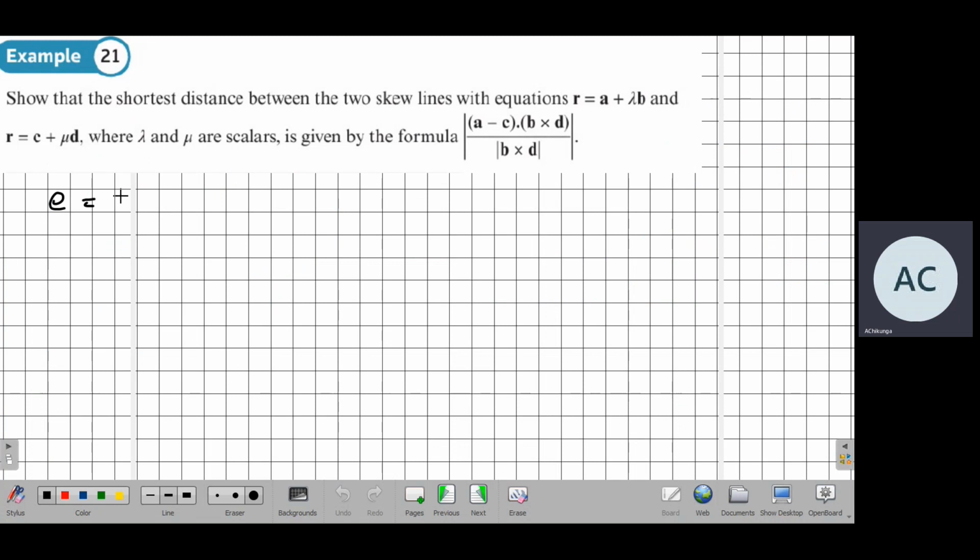So it's going to be A minus C plus lambda B minus mu D in brackets, then dot B cross D over the magnitude of B cross D, like this.